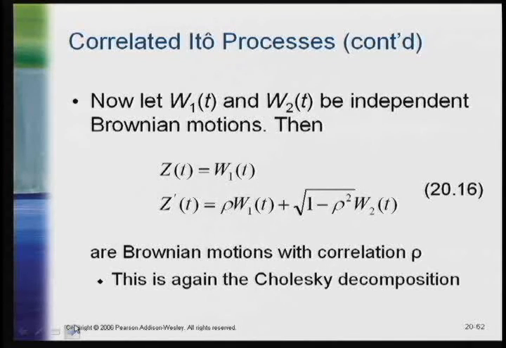Namely, we'll define Z as W1, and we'll define Z prime as a combination of W1 and W2, and notice the coefficients are the same. It again is called a Cholesky decomposition, and again, it could be generalized to n processes if we had a need.